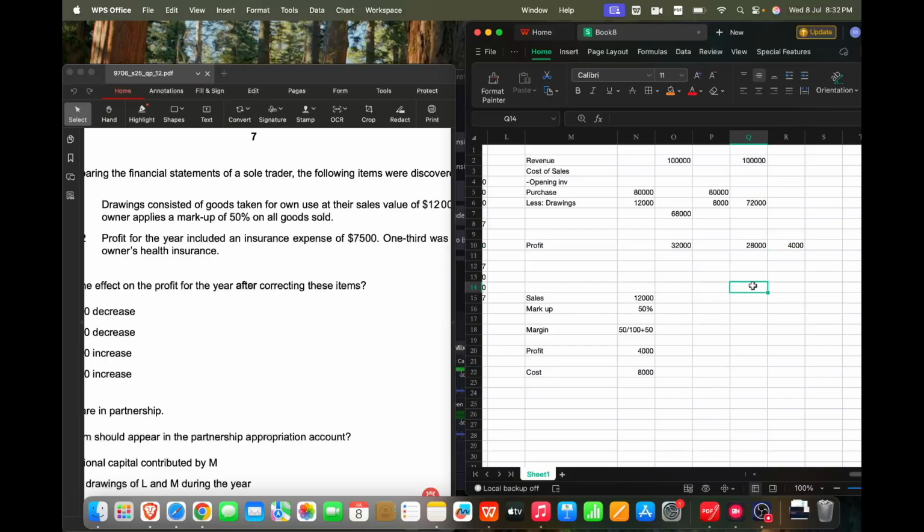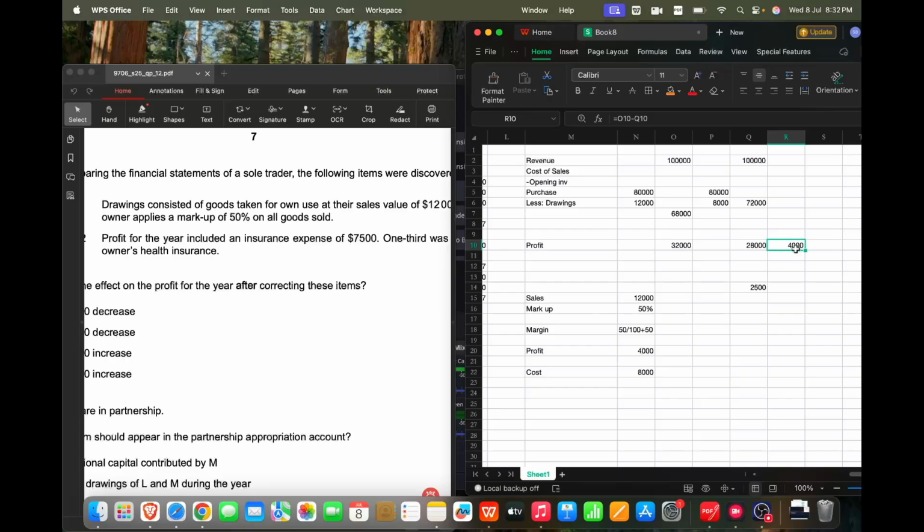So if you look here, 7,500, and 1/3 of 7,500 is 1 divided by 3, that will give you 2,500. So 2,500 should not be an expense of the business. If my expense decreases, my income will increase. So income will increase by 2,500. Make sense?